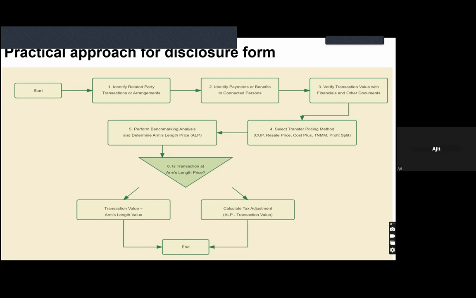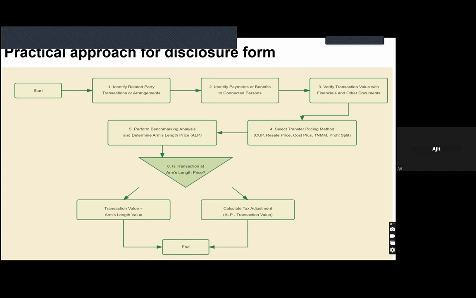Fourth is to do the functional economic benchmarking analysis. And once we are clear about the arm's length nature of the transaction, then we should report the book value, and the arm's length value adjustment would be zero. Nobody would like to do a self-adjustment, right? Unless there's some exceptional scenario where the transaction itself was entered into without looking into transfer pricing.